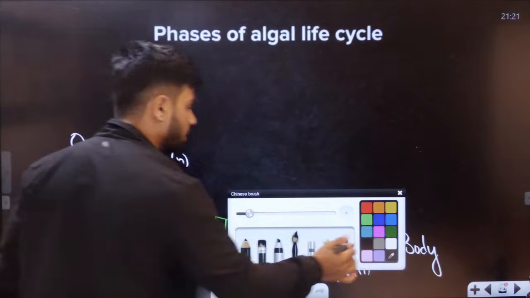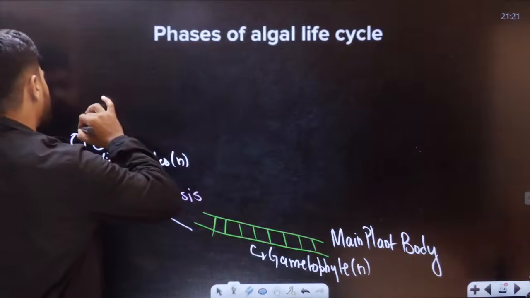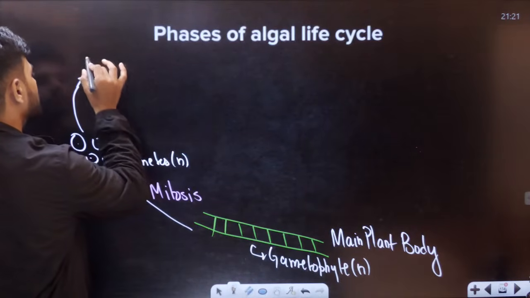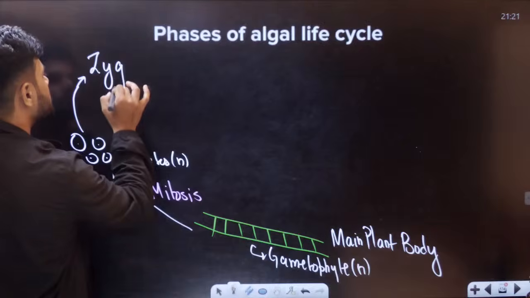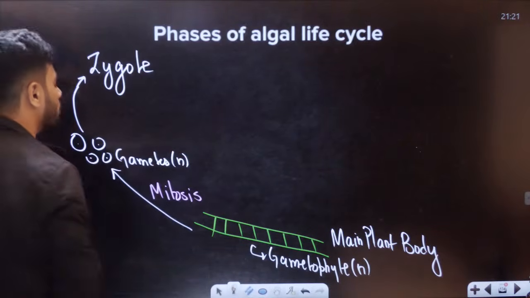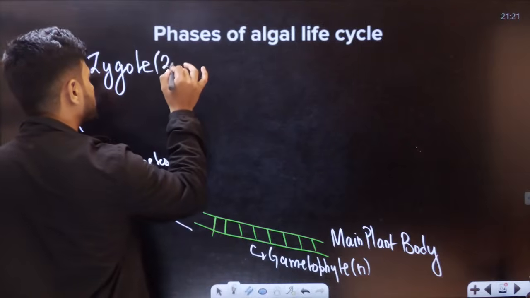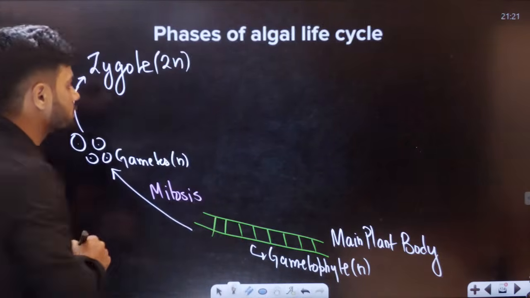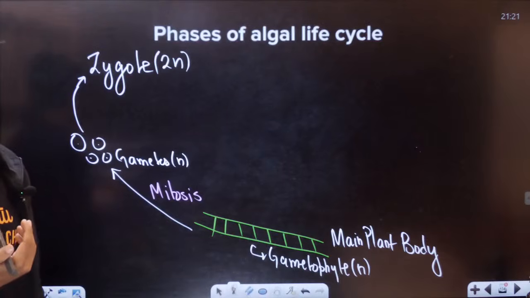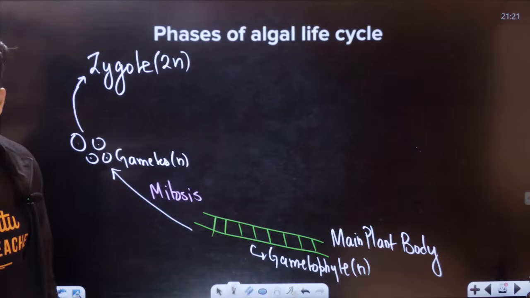Now, these gametes will fuse and give the almighty zygote. This zygote is always diploid in nature because gametes are fusing.